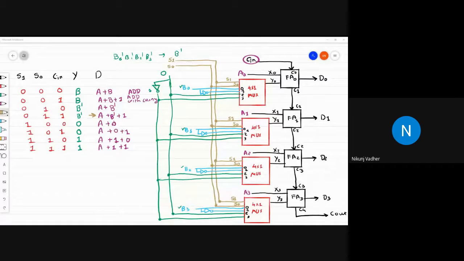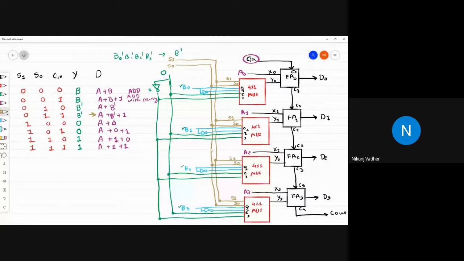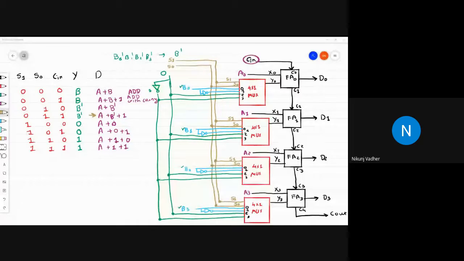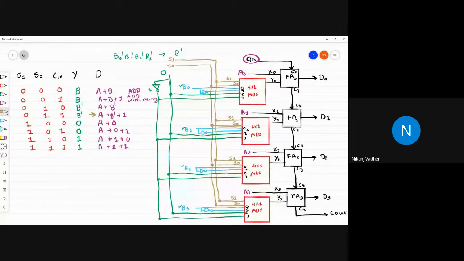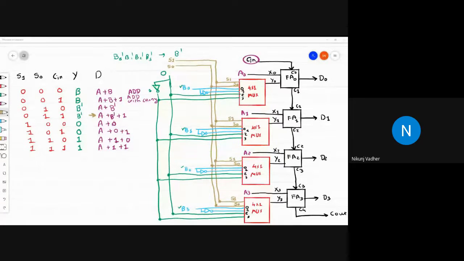Complement. Yes, which one? Complement. A plus B dash plus 1. Which operation will be performed? Whether it will result into addition or it will result into subtraction.